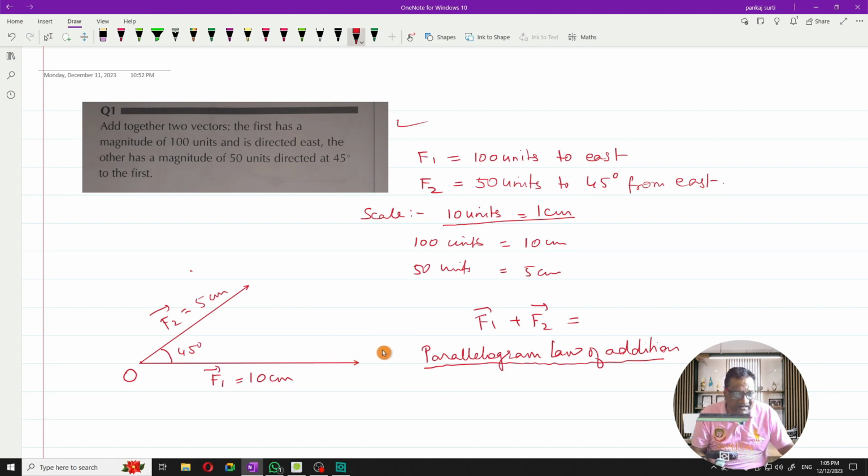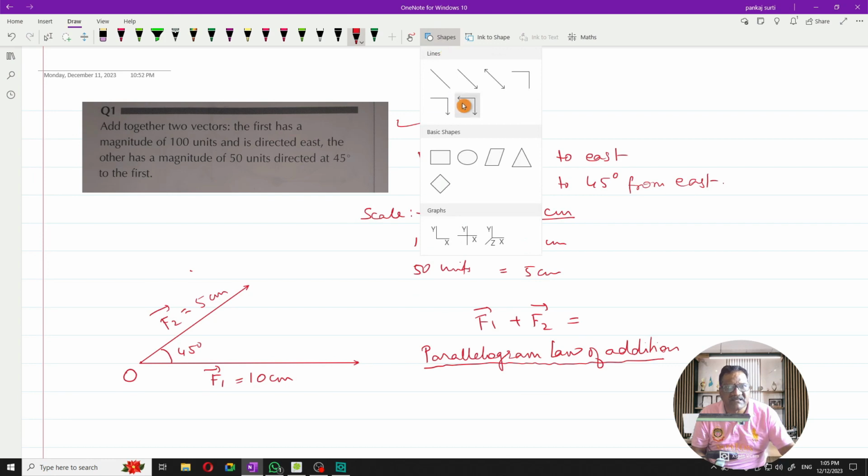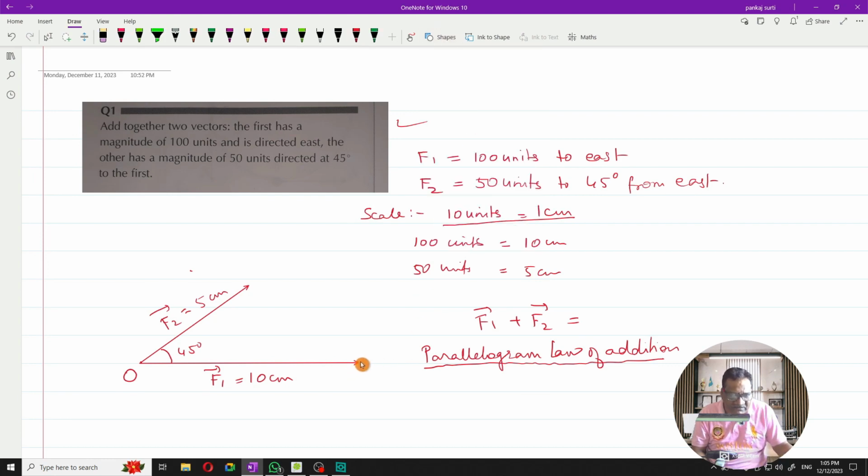To complete the parallelogram, this is 45 degree, right? So again from this point, I'll have to draw one more vector which is at 45 degree, and the magnitude also I'm going to take the same, 5 centimeters. So I'm going to draw this 5 centimeter, and this will be again 45. Okay, right?